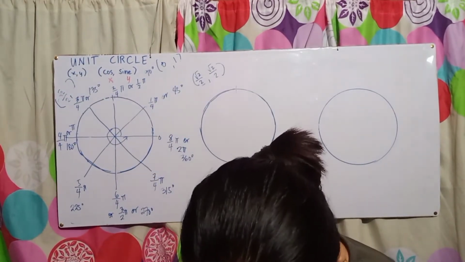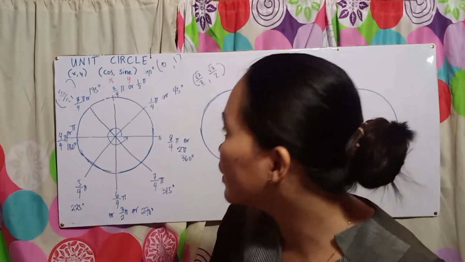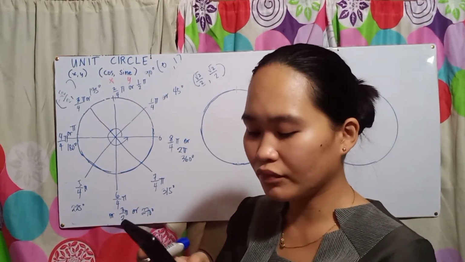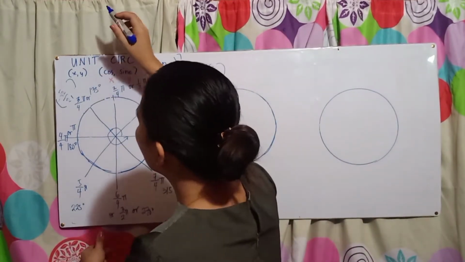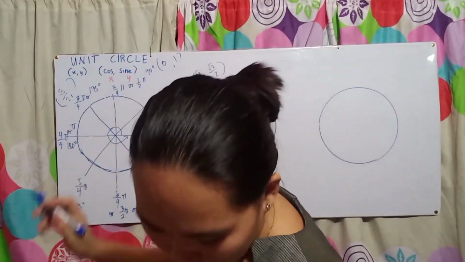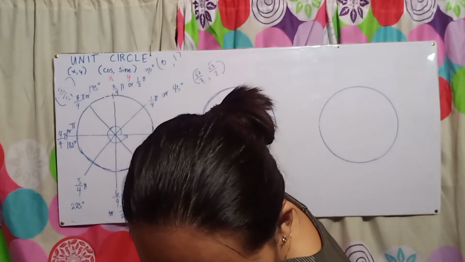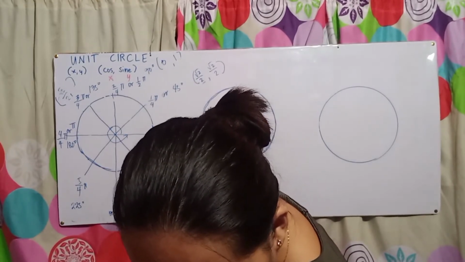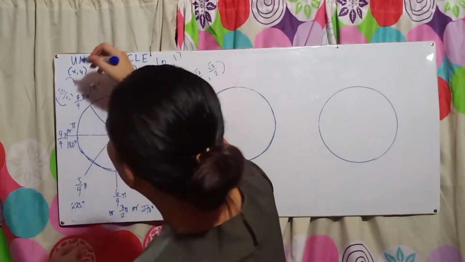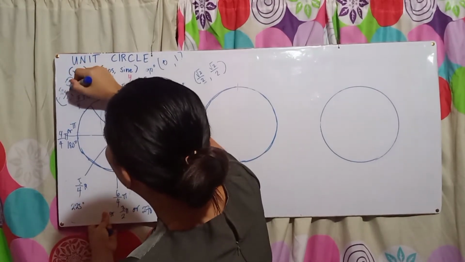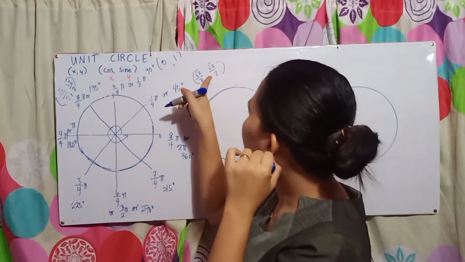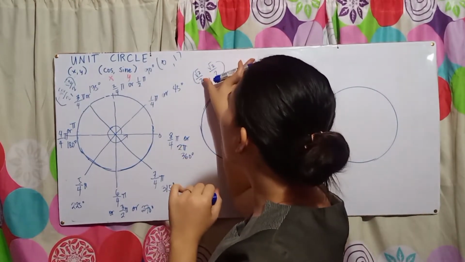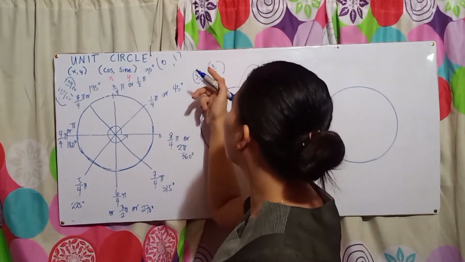Then sine 135 is positive square root of 2 over 2. So here, it is negative square root of 2 over 2 and positive square root of 2 over 2.